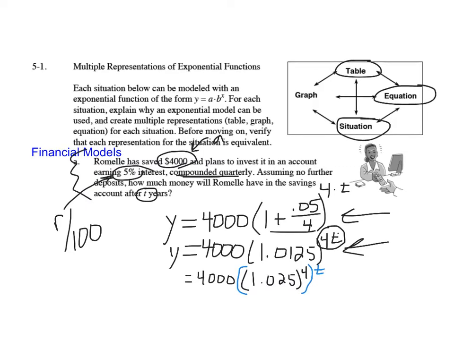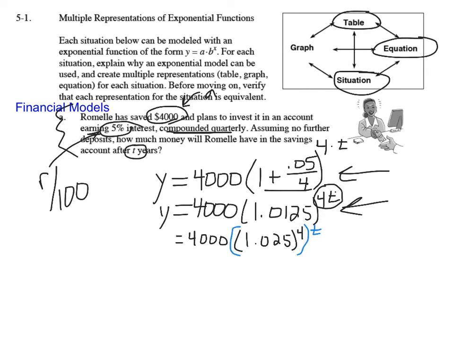Now if I'm going to do all of that, then y equals 4,000 times, 1.0125 raised to the fourth power is 1.0509, to the t.